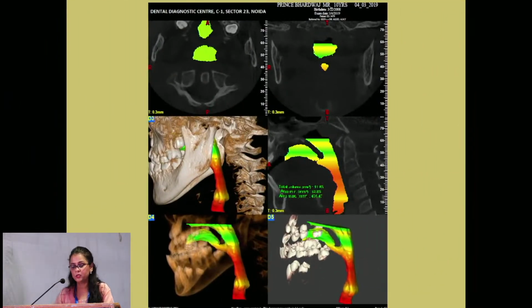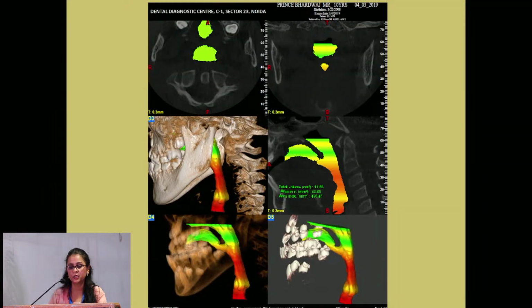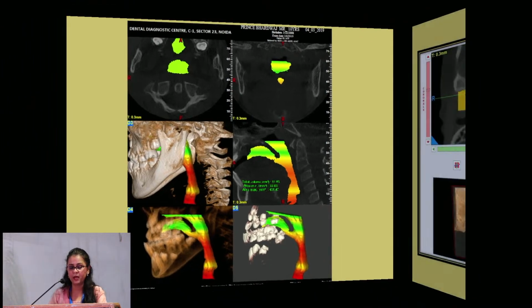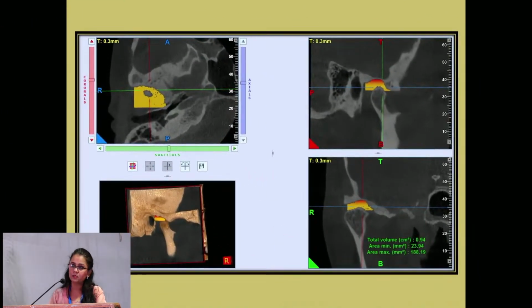You have to play with the tools and explore them so that they give a good indication and help you arrive at a diagnosis. This is the airway analysis. Sometimes I just do the measurement for the joint space.